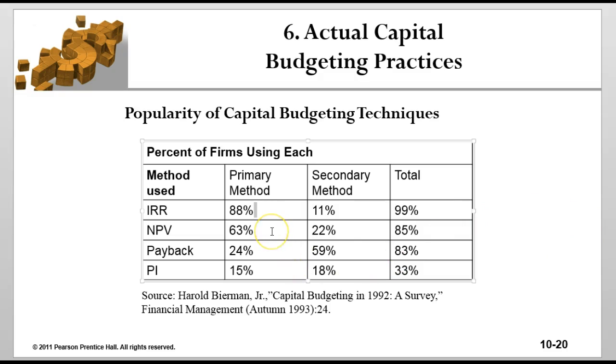The NPV was second. The payback was third, and the profitability index was 15%. And I believe that's probably more than likely because the NPV and the PI both return the same results. If this is positive on the NPV, it's going to be positive here. And so they'll take the NPV because it brings back to present value. You have to do that before you get to here anyway.